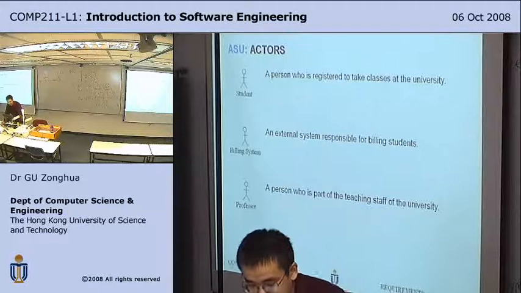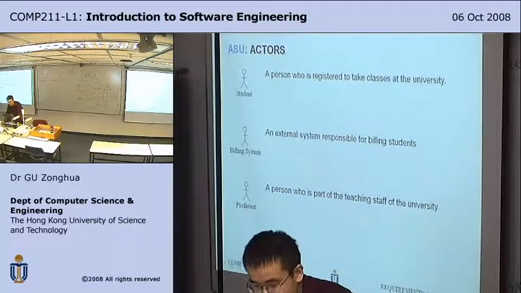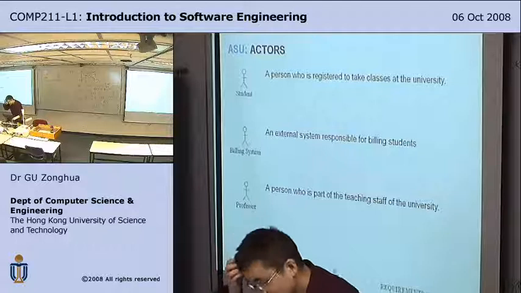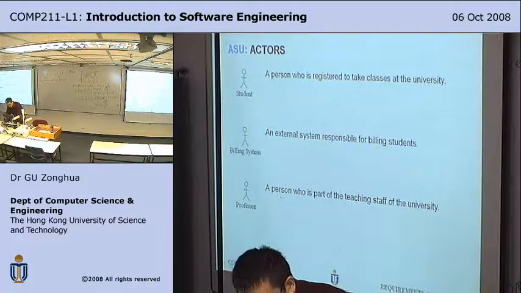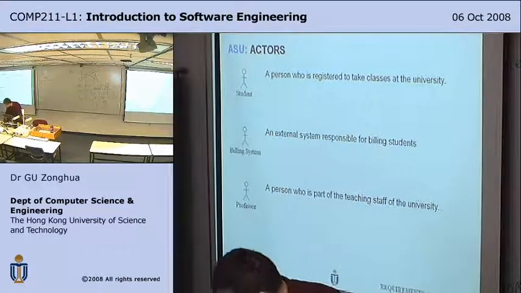And you add a brief description beside the actors. Say, a student is a person who is registered to take classes at the university. A professor is a person who is part of the teaching staff of the university.